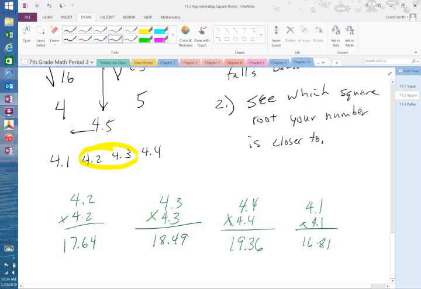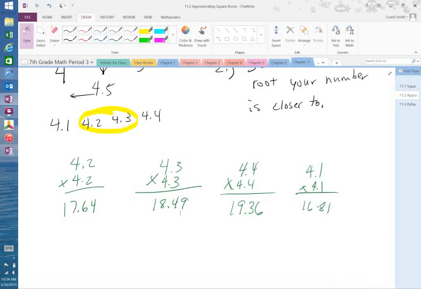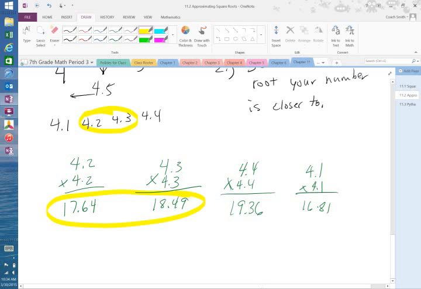Now, those are our numbers. What we have to decide is we're looking for the square root of 18. So which one of these two are closer to 18? Okay, hang on. Write it on your whiteboard and hold it up. What you think is closer, write it on the whiteboard and hold it up where I can see it.